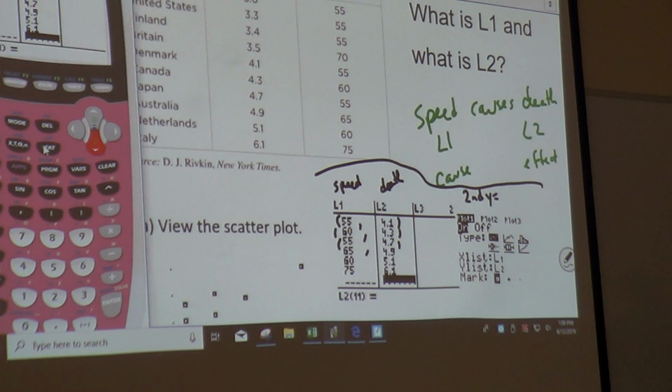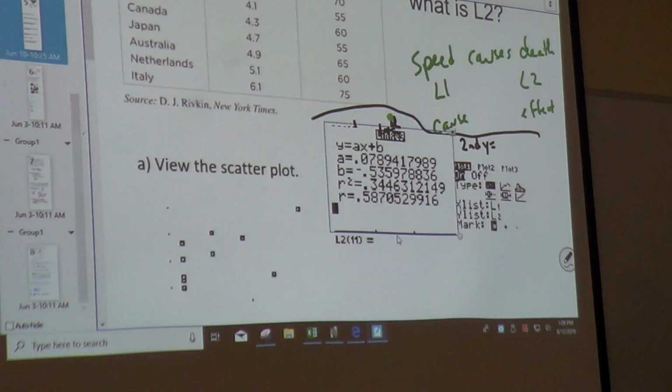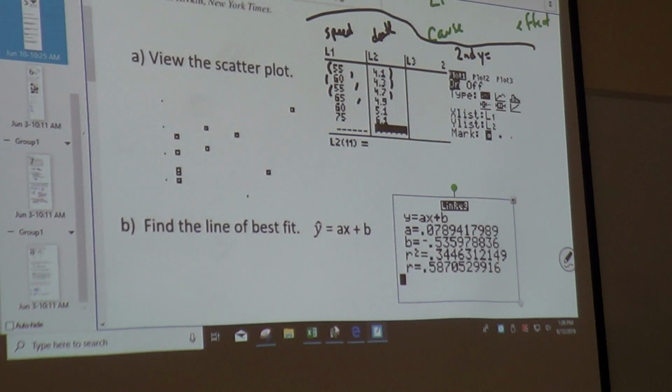In there. Stat calc. Oh, hold on. Does that look better? Oh, we gotta take L2 off? Yes, you gotta take L2 off. Okay, now my numbers match.